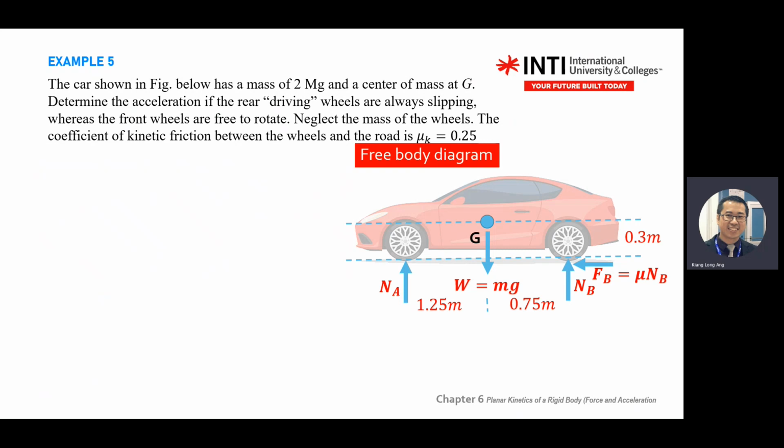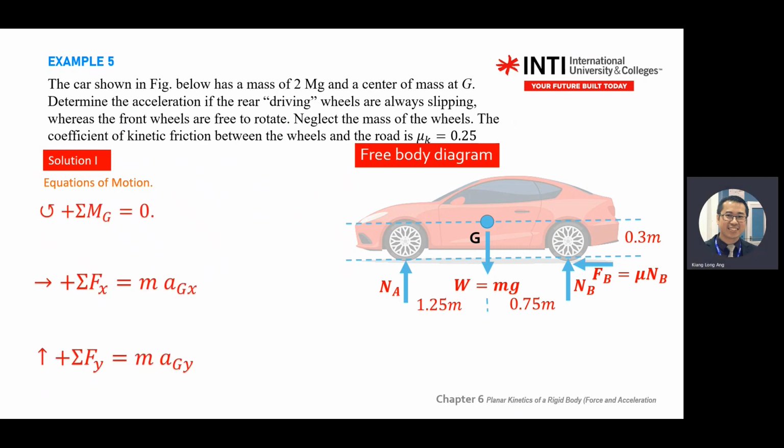Then I give you the kinetic diagram. Kinetic diagram, again, what is the difference? The forces, and the acceleration multiplied by mass, change into action. Same. Okay, equation 1, you use the 3. This one is translation, so the moment about G is 0.